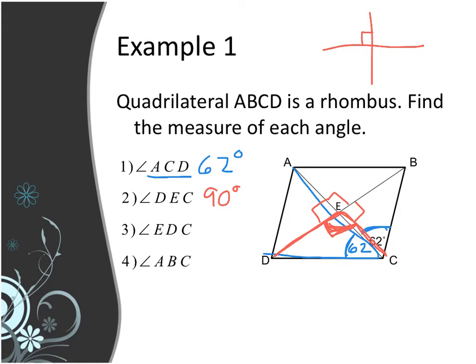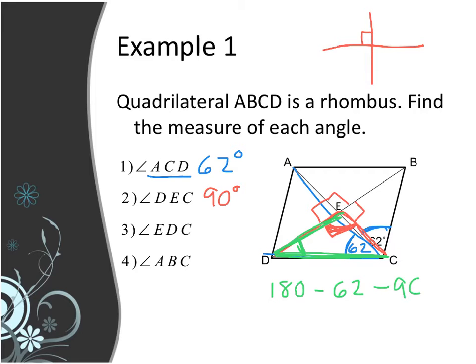All right, next let's look at EDC. Does this angle here look like it's 118? No, it's 28. So we have to do 180 minus 62 minus what else? 90.